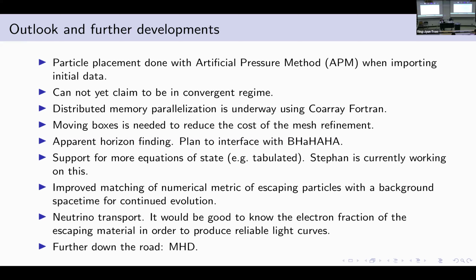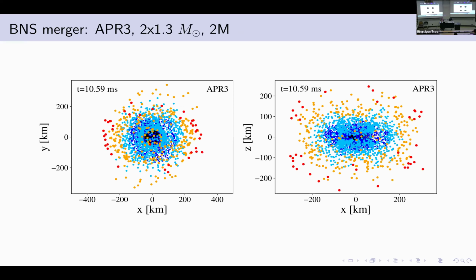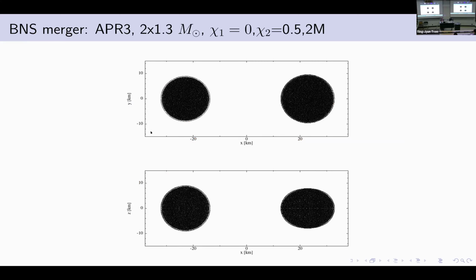And for that, we use something called an artificial pressure method, where you set up your initial data by assigning masses to particles in some positions. Then you measure the error you get when you evaluate the density compared to what you want, and you convert that error into a pressure that can then move the particles. And we move them around to something that looks like something like that.